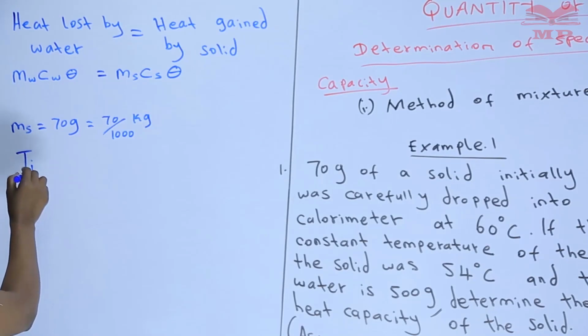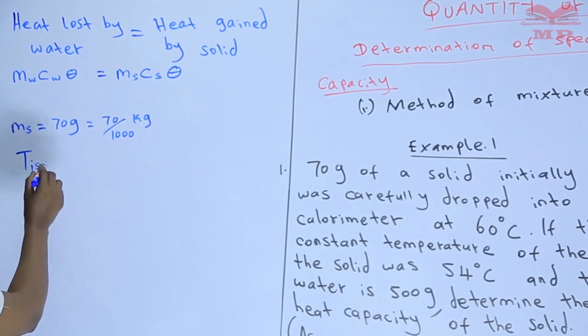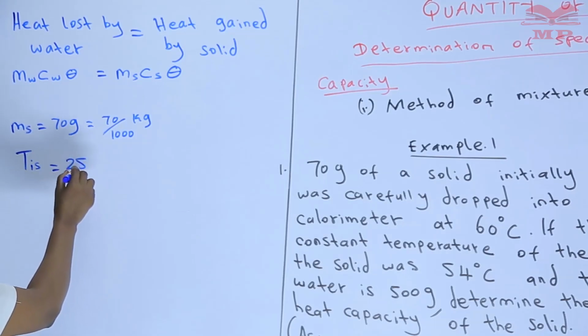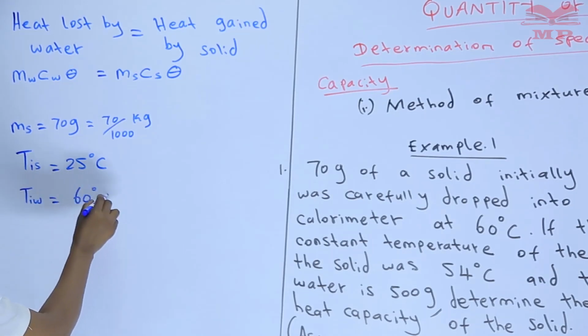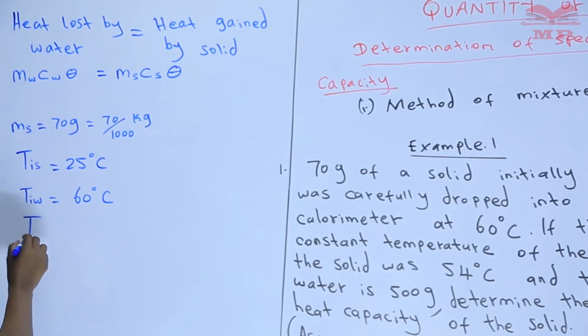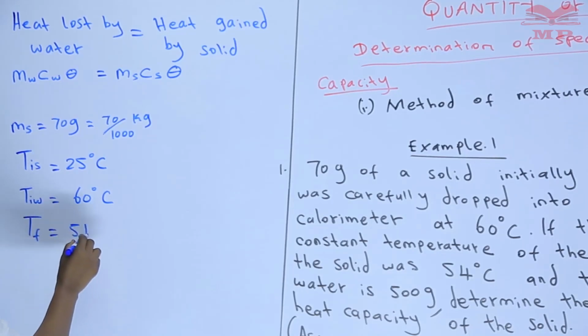So the initial temperature of the solid is equal to 25 degrees Celsius. It is dropped into water in a calorimeter at 60 degrees Celsius. So the initial temperature of water is 60 degrees Celsius. The final constant temperature is 54 degrees Celsius.